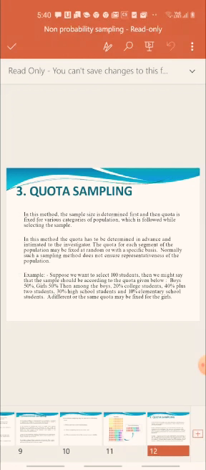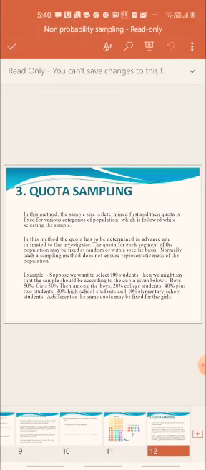Normally such a method does not ensure representativeness of the population. Suppose we want to select 100 students, then we might say that the sample should be according to the quota given below. Out of the 100 students, boys should be 50%, girls should be 50%. That is, you have selected your sample size first, and then the quota is fixed.